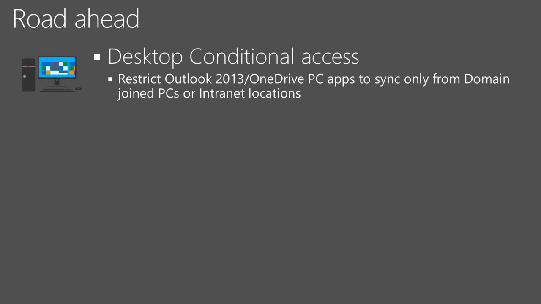We're also working on enhancing the Outlook application to take advantage of the Active Directory Authentication Library, just like the mobile apps. That will be supported on Outlook 2013 and above, not Outlook 2010. So by the summer timeframe, you can get access control to Outlook and OneDrive from your desktop PCs.